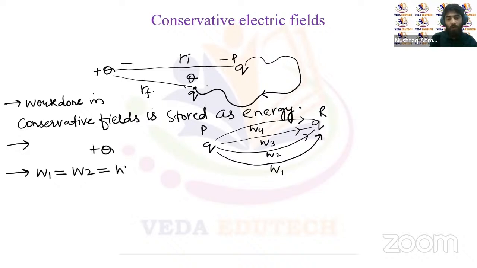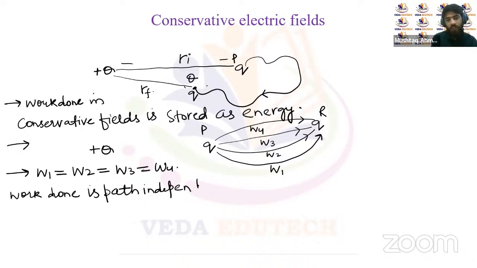The work done through all the paths will be equal, or we can say work done is path independent. So in case of conservative fields, work done is path independent, correct?